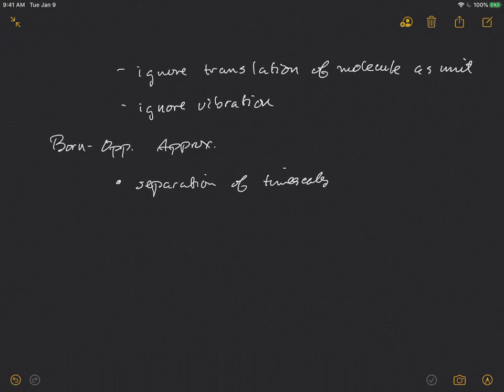Our electronic Hamiltonian, we'll just ignore the nucleus for the time being, and we have a Hamiltonian for the electron, and this is for H2 plus, is going to be equal to minus h bar squared over 2 me del squared for the electron.